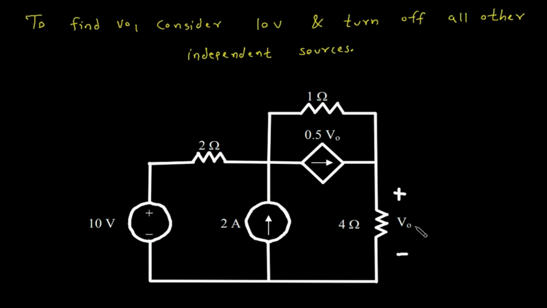So this will be VO1. Also here this will be VO1. Now we are considering this 10 volt voltage source and turning off all other independent sources. So this is an independent current source. So this will be turned off and open circuited.